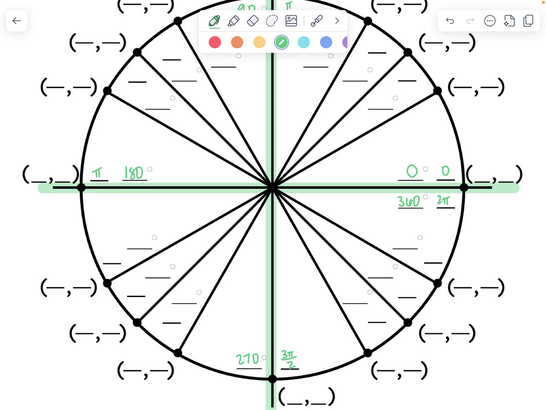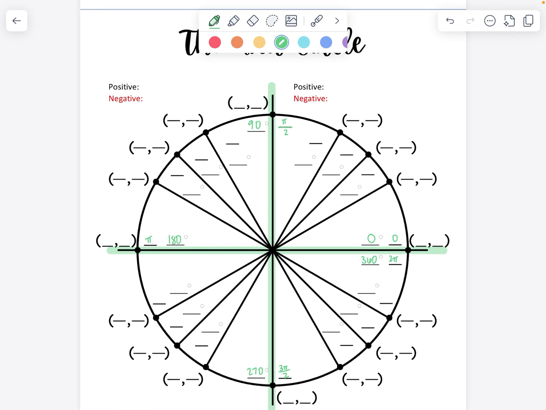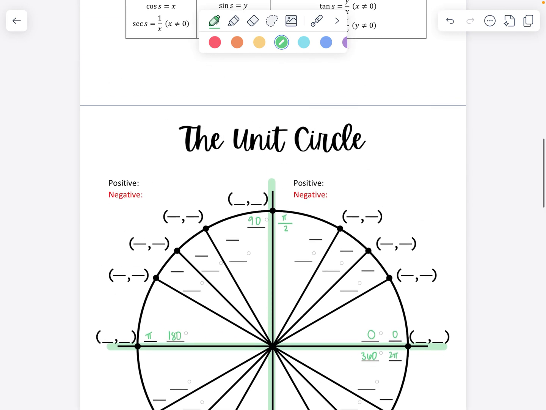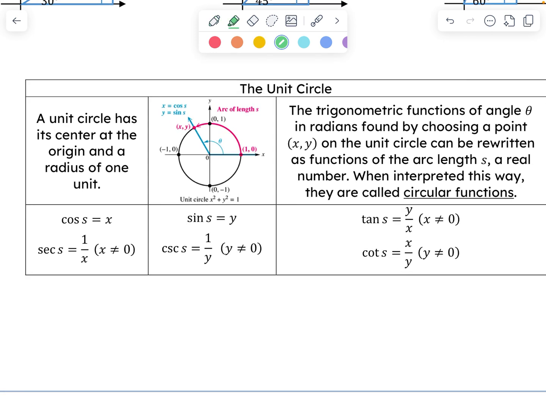Now you'll notice we also have some points on the outside of our circle. So let's come to this page right here that talks about the unit circle. A unit circle has its center at the origin, and it has a radius of 1 unit. So everywhere it hits on the axes, the x-axis and the y-axis, has a point that matches with it, because we're putting it in our xy coordinate plane.